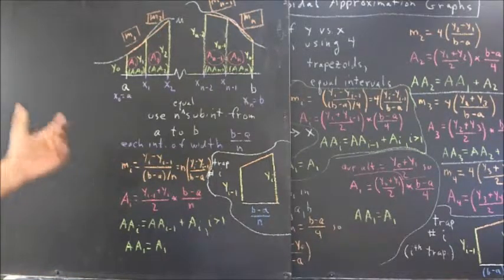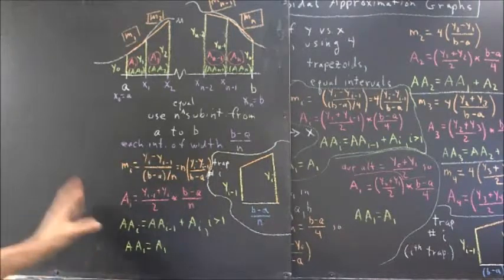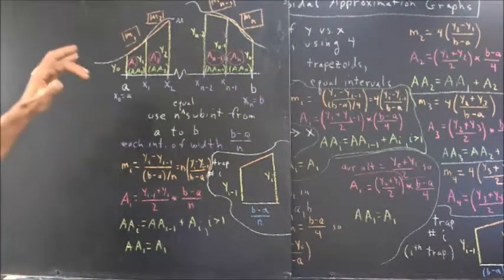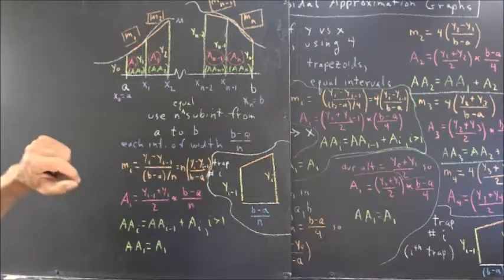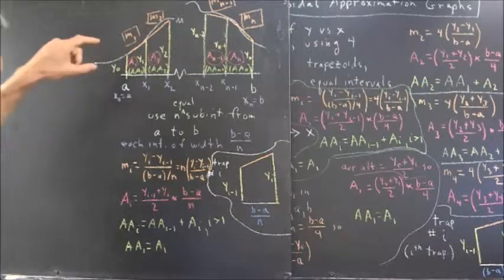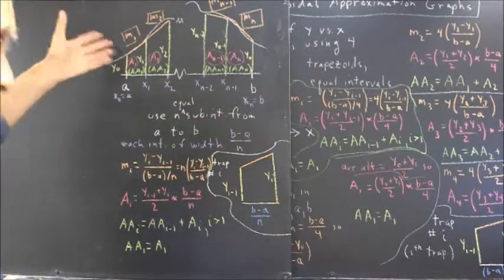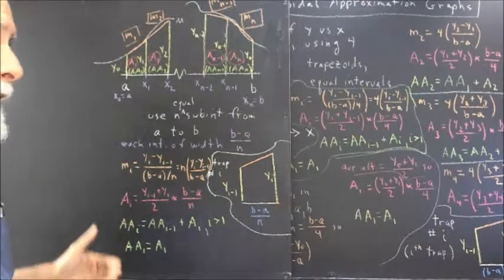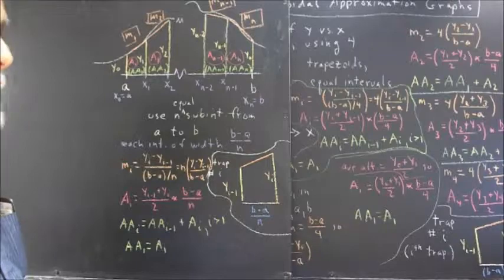So what we have here is simply a calculation scheme that can be applied. If we know A, B, and the number of intervals we want to divide into, and if we have a way of evaluating the function for every value of x, then we can follow this scheme and we get all this information. Now let's see what good this information might be.